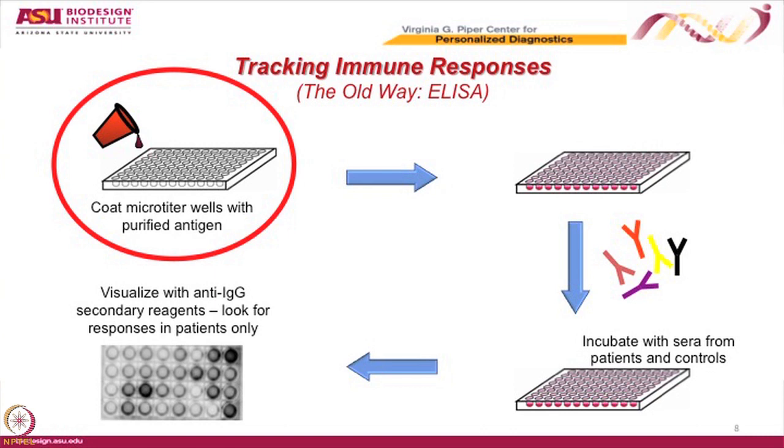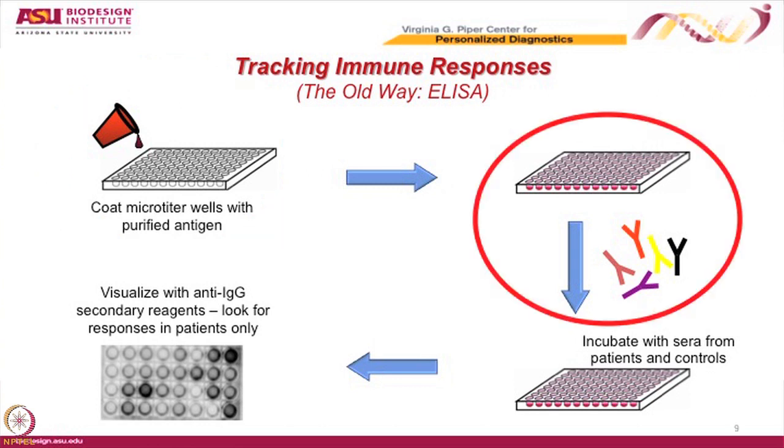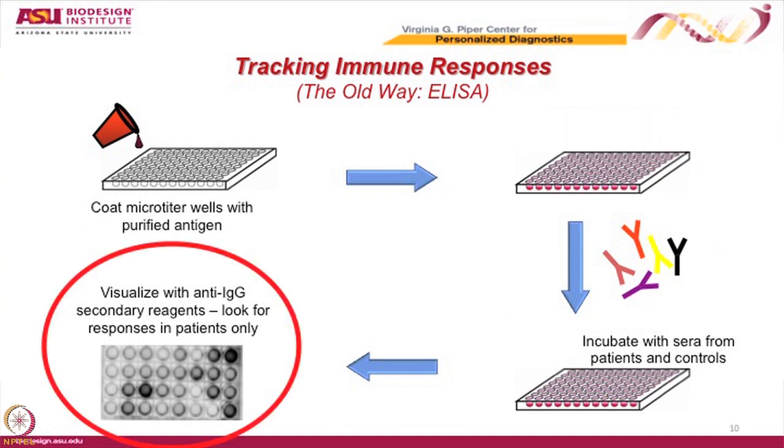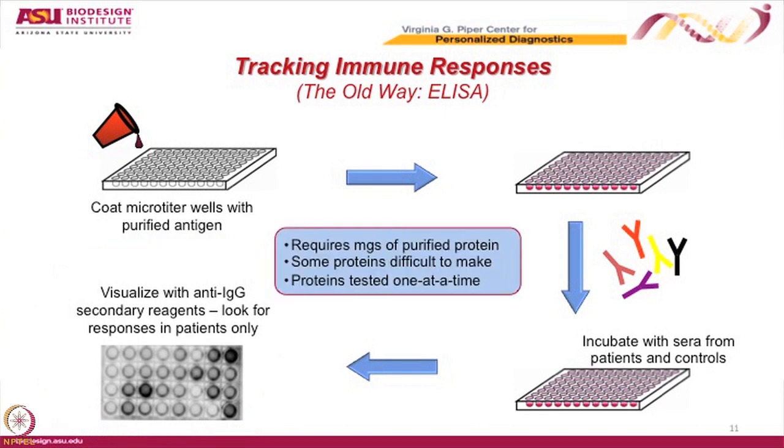You attach the protein to the bottom of the well. You then add to each well the serum from a patient. If the patient has a strong response to that protein, then you'll get a strong response like this. If the serum has no response, you'll get no signal there. Okay? And so that tells you that each well tells you which patients had a response or not.